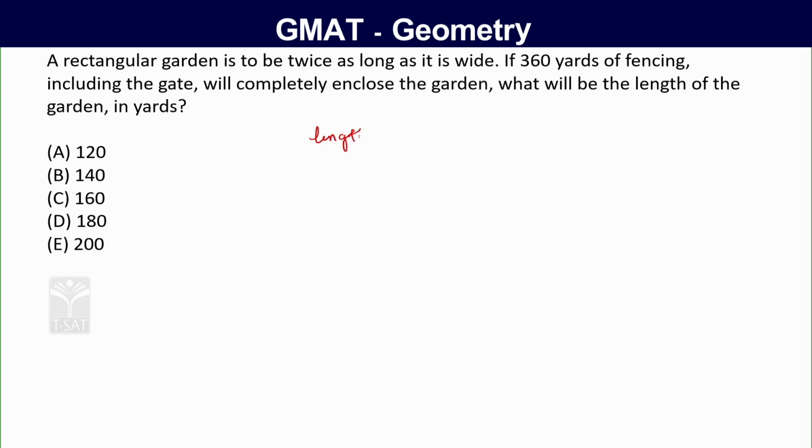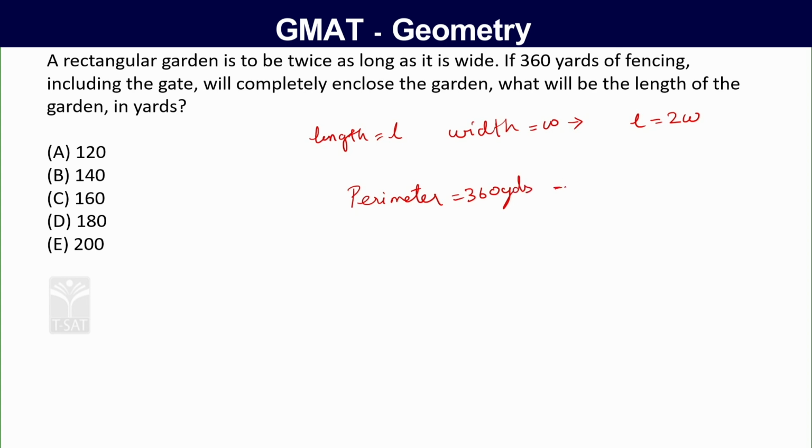So if we say the length is L and the width is W, it is given that L is equal to 2 times W, and 360 yards of fencing will completely enclose the garden.